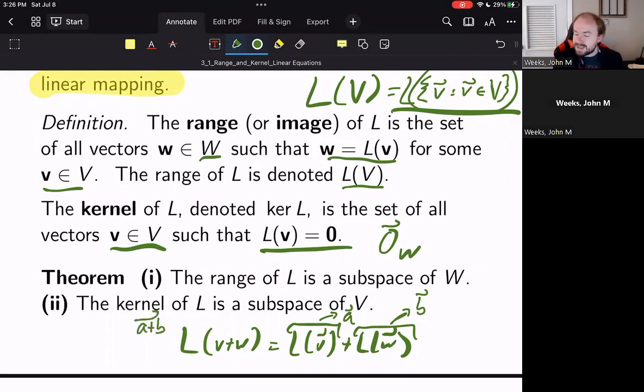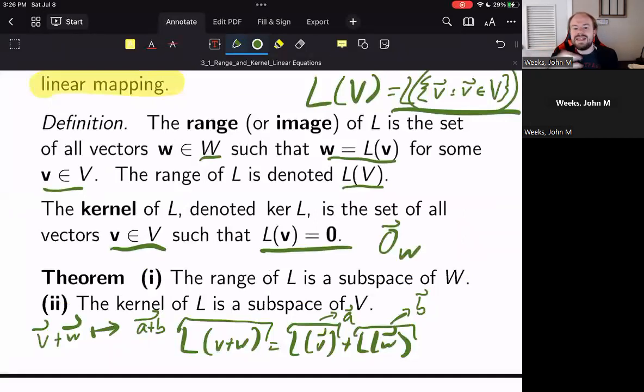Well, if you look at A plus B, then you know that you can write that as L of v plus L of w, which is going to be equal to L of v plus w. That is, the vector v plus w maps to the vector A plus B. And because of this, A plus B is also in the range. You can do the same thing with scalar multiples, thanks to the fact that linear operators preserve scalar multiplication.